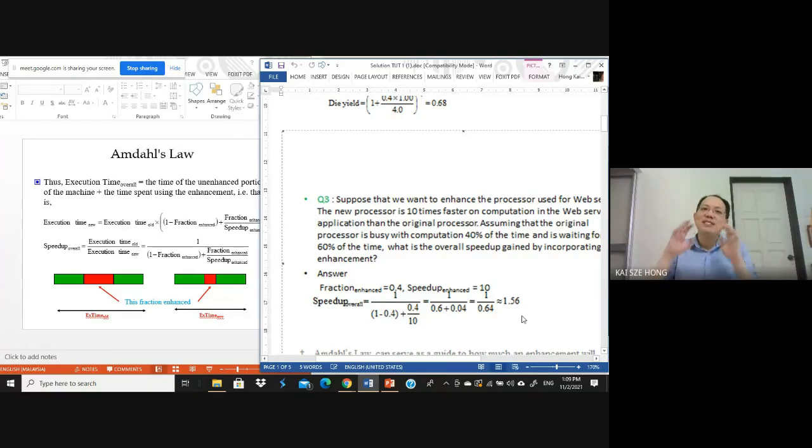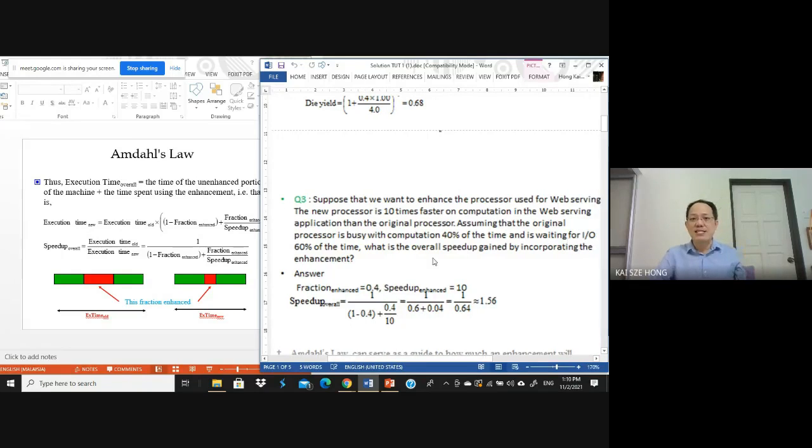So you have 56% better performance, better speed than your original processor under this condition. Your 10 times faster can only be applied to the 40% of the time, whereas the 60% I/O time, you cannot enhance. So any question? I would like you to have 5 minutes to ask me any question if you have.